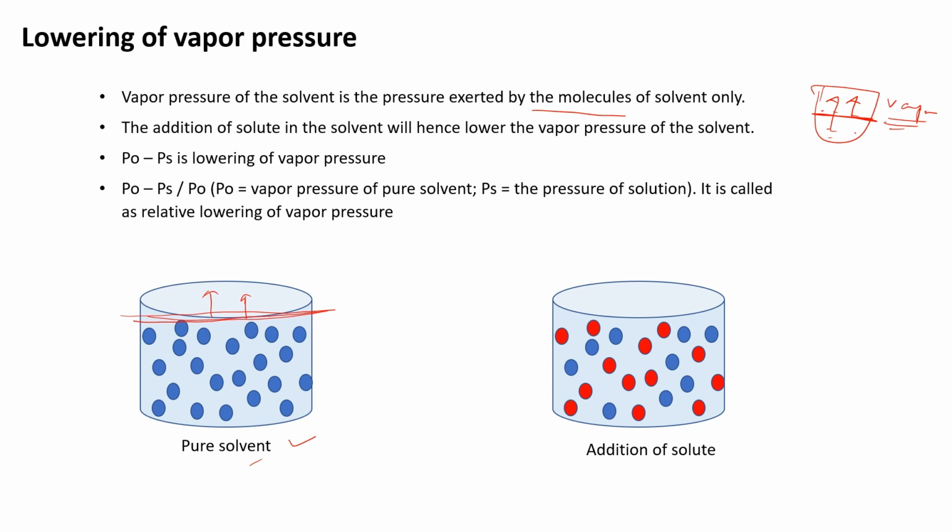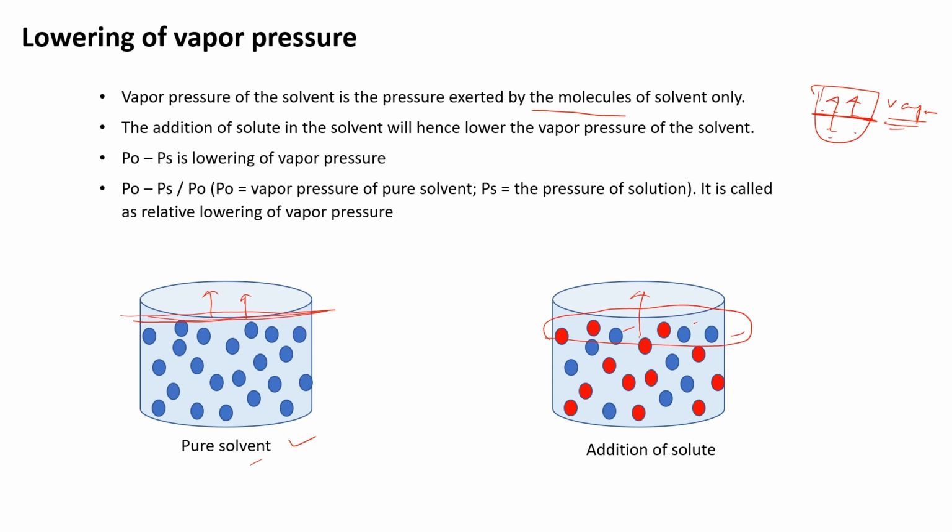But if we add any solute, now on the surface, fewer solvent molecules are present. This blue color molecule is the pure solvent molecule. So as we add solute, fewer molecules of pure solvent are present on the surface, so less solvent will evaporate.